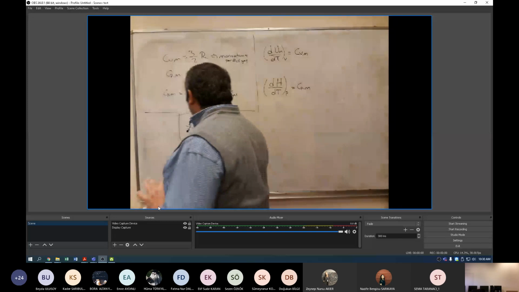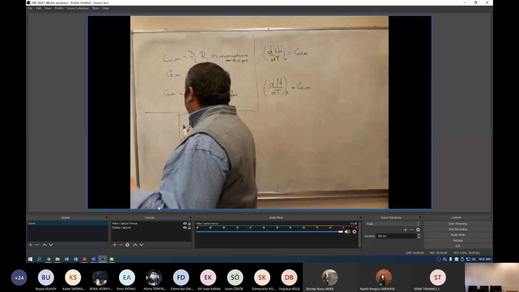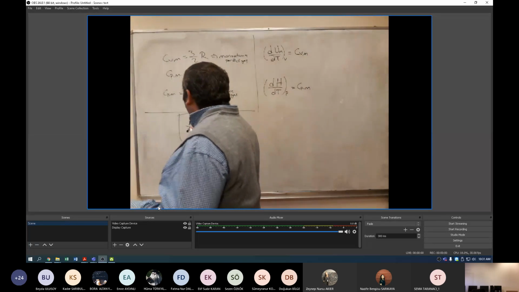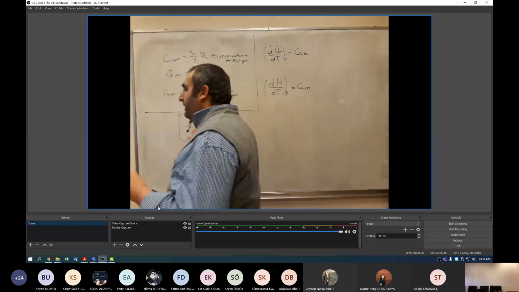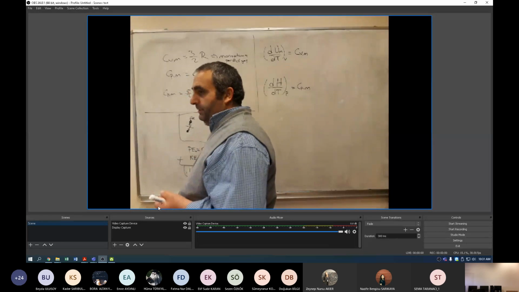Let's think about how these molecules can move. What kind of motions can this molecule have to have such energy?